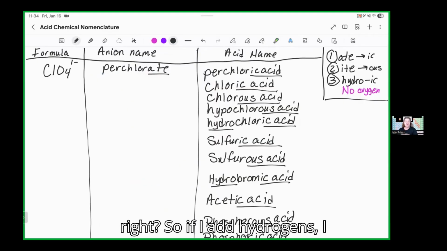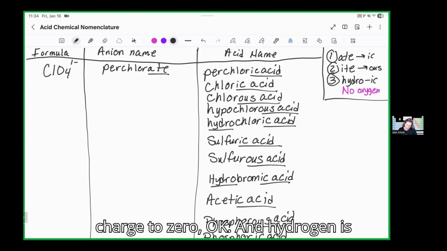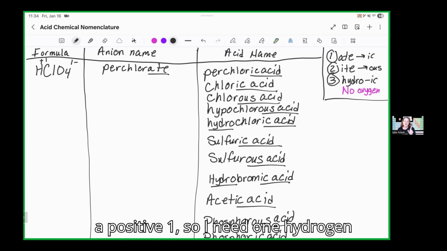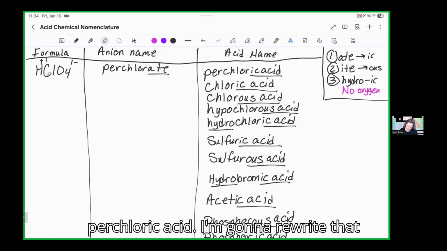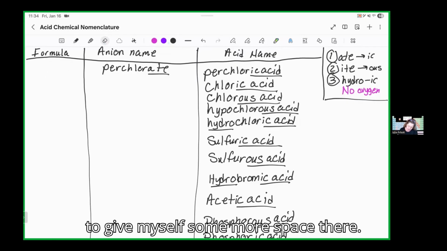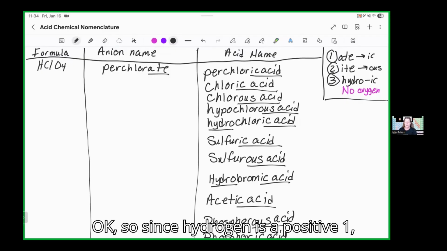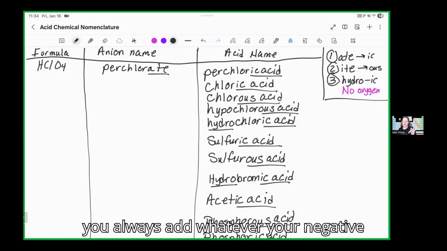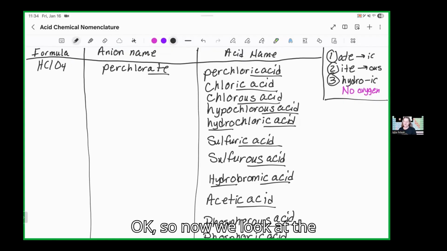So if I add hydrogens, I have to add hydrogens to balance that charge to 0. Okay, and hydrogen is a +1, so I need 1 hydrogen on that. That is our formula for perchloric acid. I'm going to rewrite that, give myself some more space there. Okay, so since hydrogen is a +1, you always add whatever your negative charge is, you add that many hydrogens.